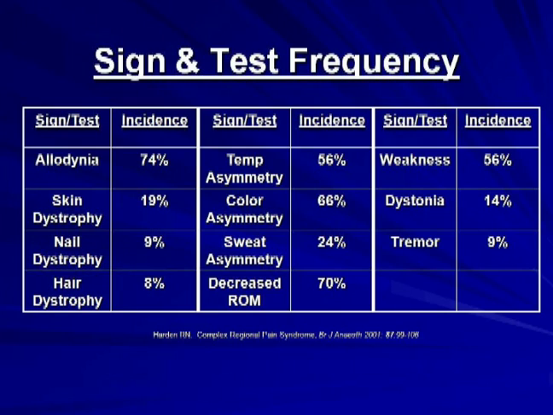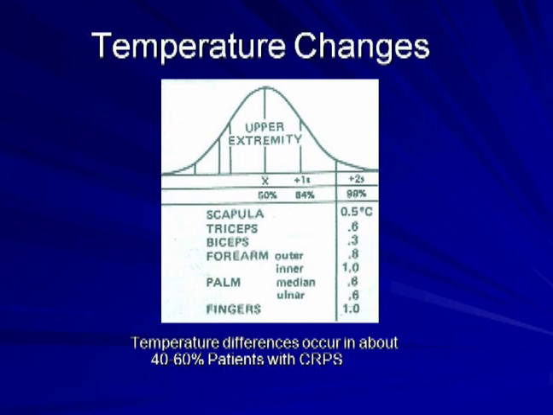Now, one of the things that we look for in CRPS is if there's a temperature difference between symmetrical points on an extremity. So in order to look for a temperature difference, we have to have an idea of what is normal and what's abnormal. So this is one measurement of part of the body that was done using infrared measurements. What they did was take normal people without any complaints, any problems, and do infrared scanning.